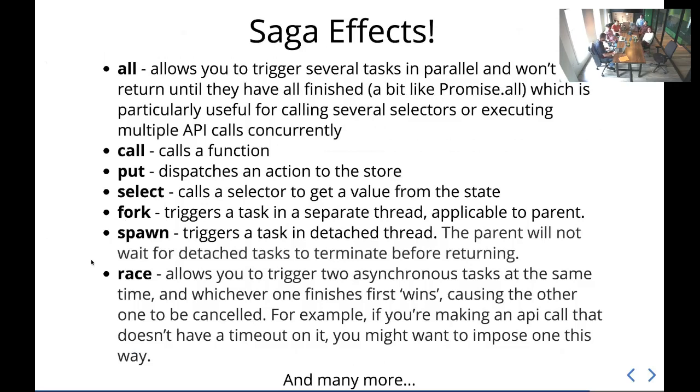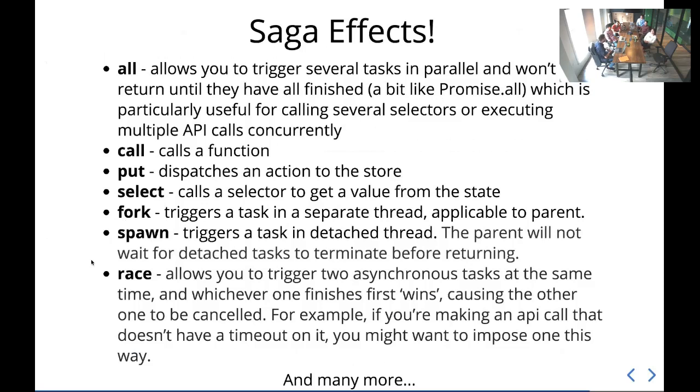Is there a way to chain sagas? That's a good question. Let me think about this. So you want to start a saga and then execute another saga once that saga is complete, or sagas that don't necessarily need to happen sequentially, but can happen at any time in the app.